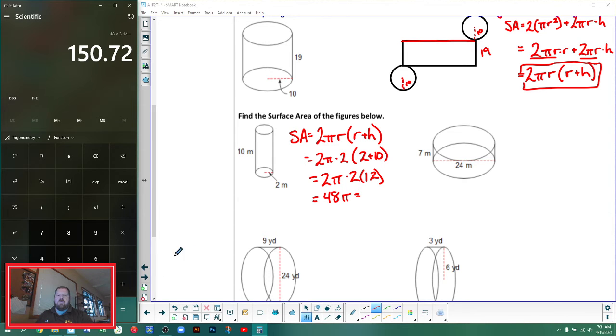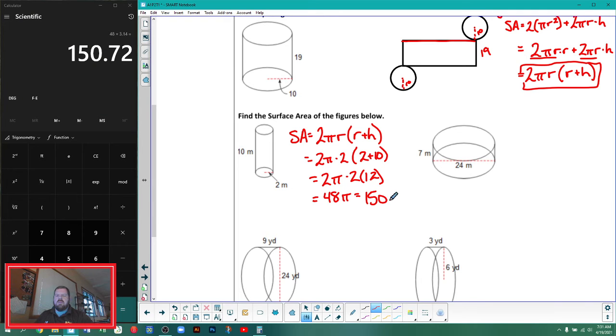We'll use 3.14, and we get 150.72 meters squared. Again, surface area is a squared measurement. Okay, let's look at the next one.